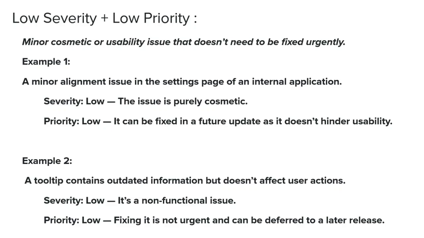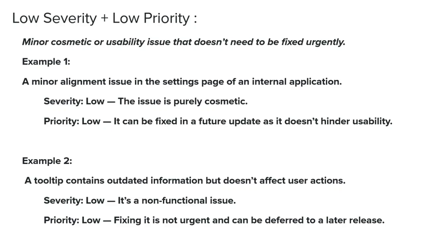So let's say there is a minor alignment issue in the settings page of an internal application. Inside the settings, there is a slight UI misalignment that comes under low severity because it is purely cosmetic. Priority will also be low because it does not need to be fixed immediately. It can be fixed in later releases as well.